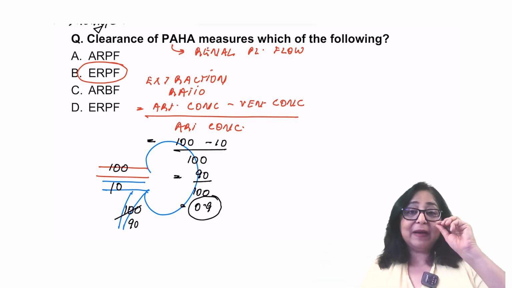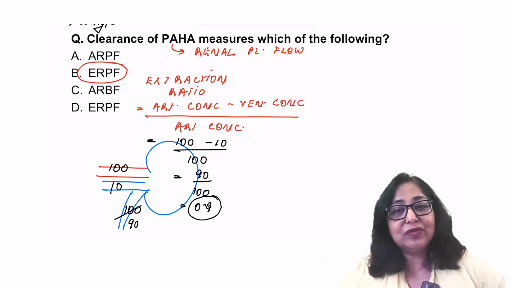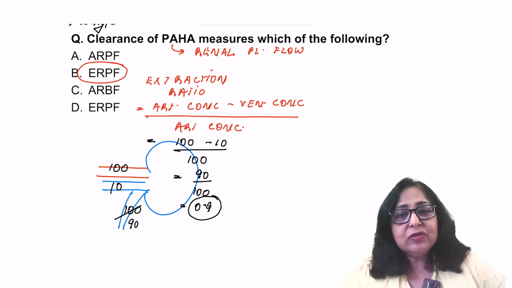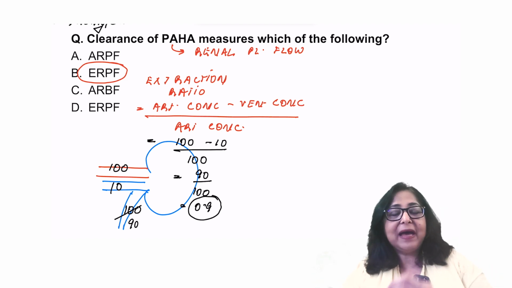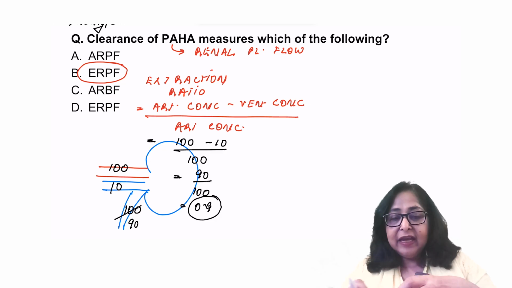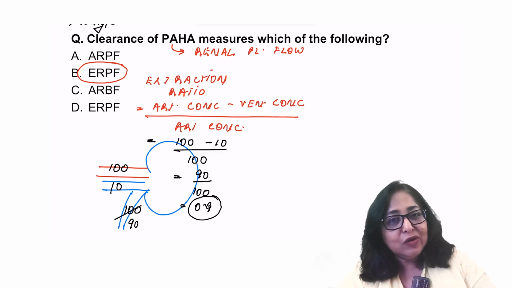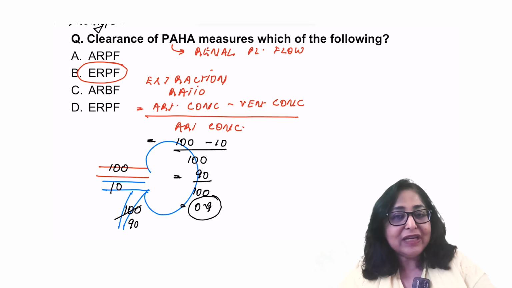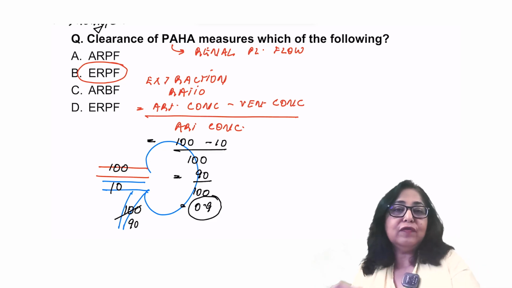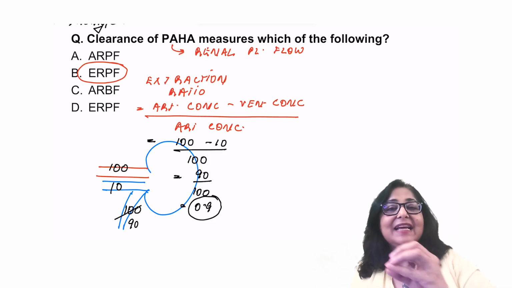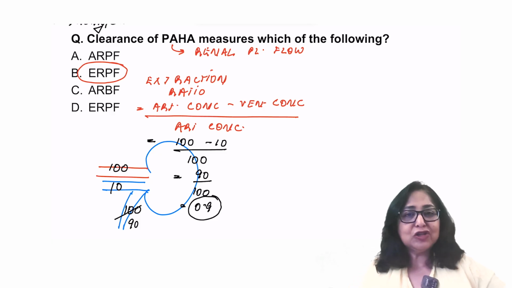Now, why does para-aminohippuric acid have an extraction ratio? This is also very interesting: when I inject para-aminohippuric acid into the renal artery, yes, it is in low concentration, and yes, it is going to be freely filtered and completely secreted. But the point remains that not 100% of the renal artery blood is participating in filtration.